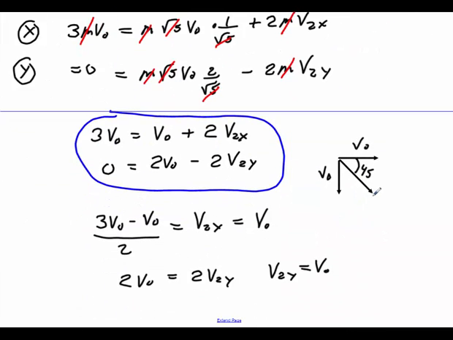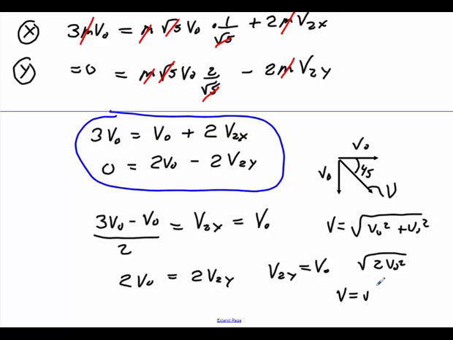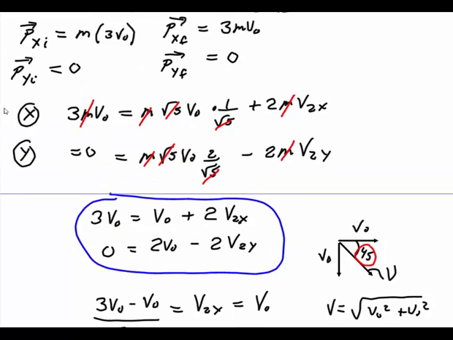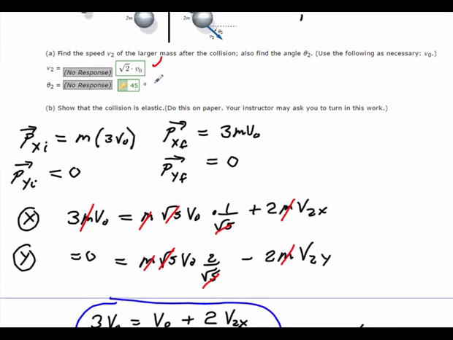Well, isn't this velocity here just going to equal the square root of VO squared plus VO squared, which gives me the square root of 2 VO squared, which gives me the final velocity is equal to the square root of 2 times VO. Okay, so there's your final velocity, and there's your angle. And that's how we get this one and this one.